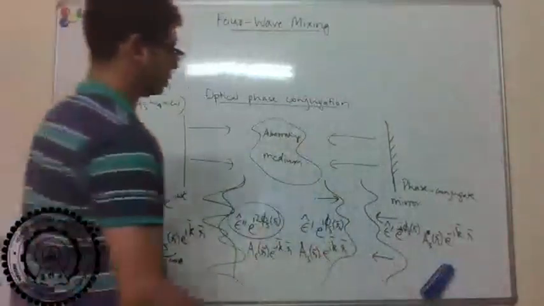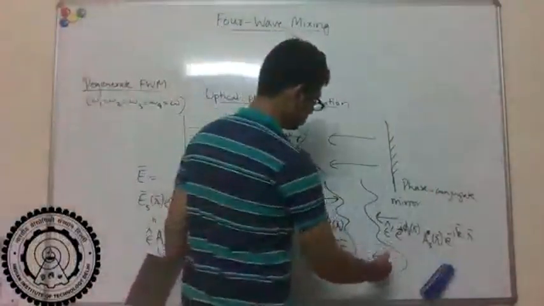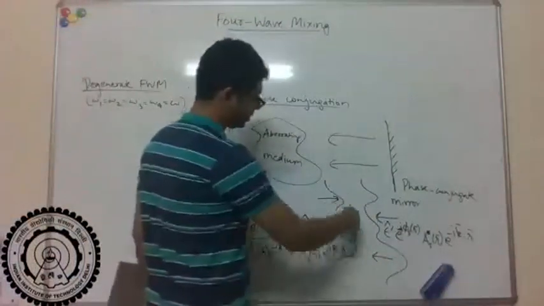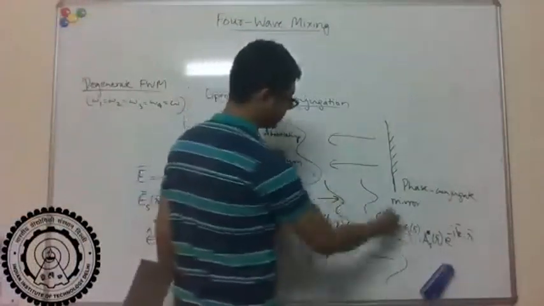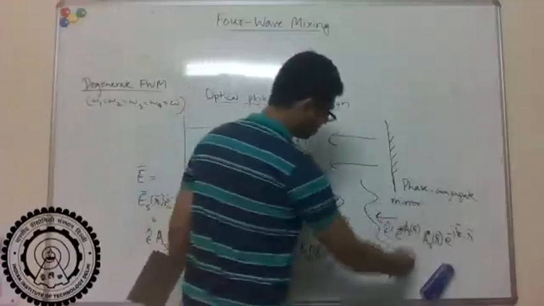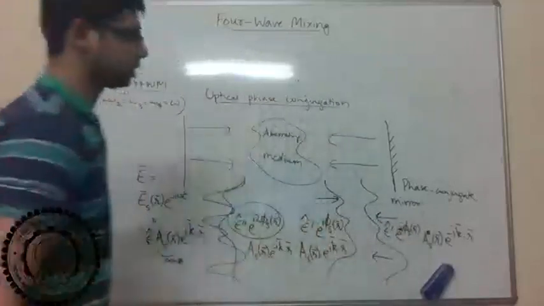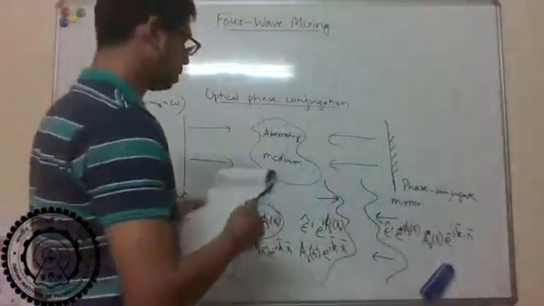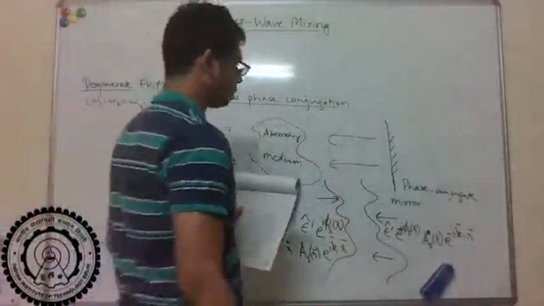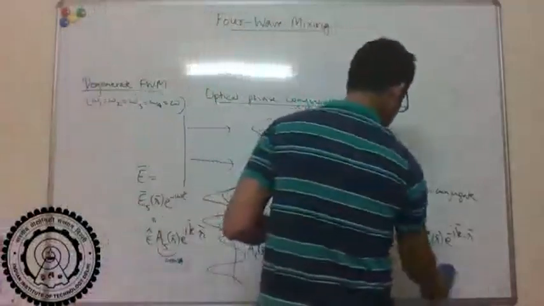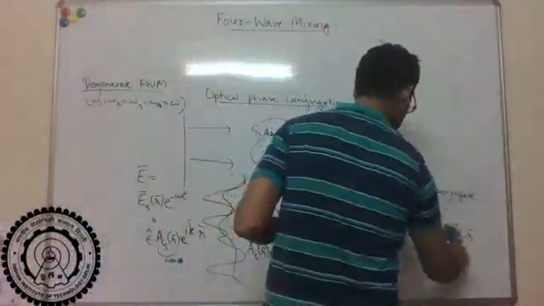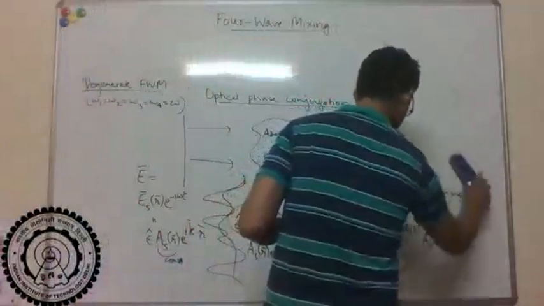Okay. So sort of if I show the distortions happening in the direction of propagation, now for the reflected beam it's sort of opposite to the direction of propagation. Right?